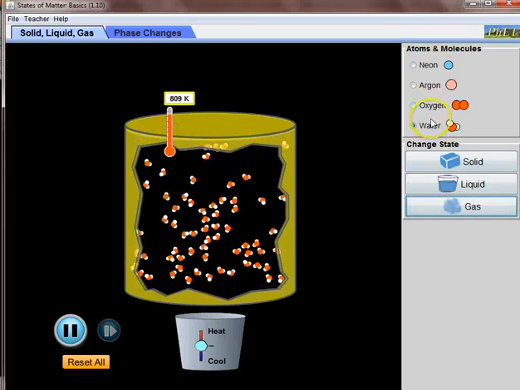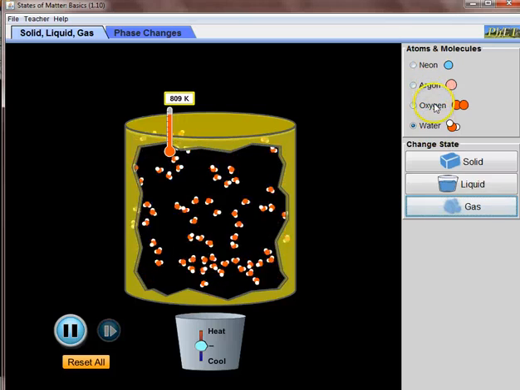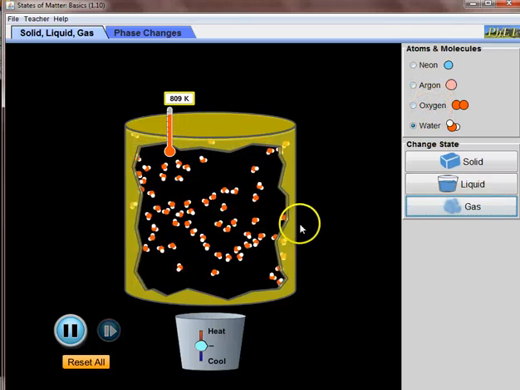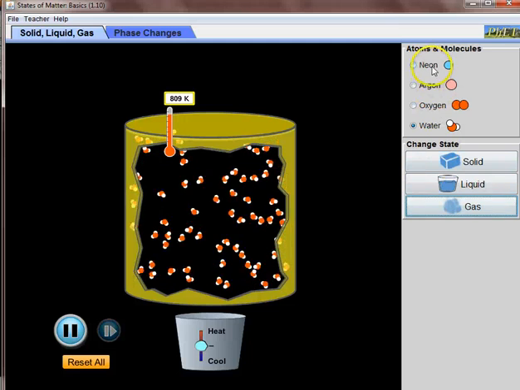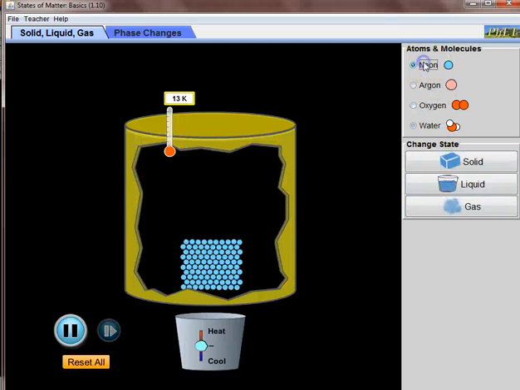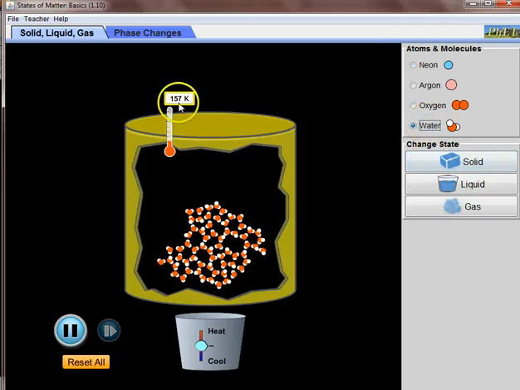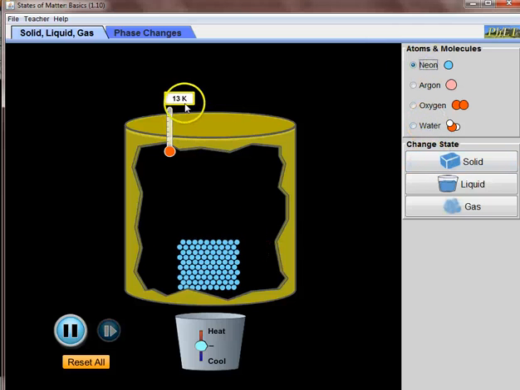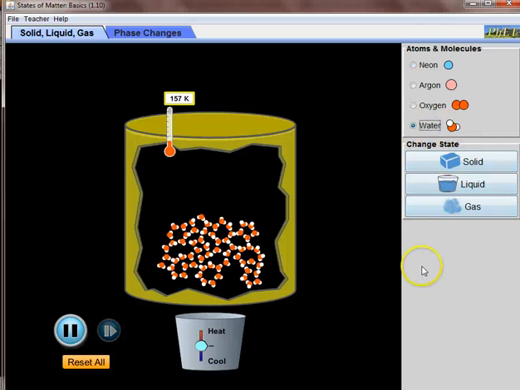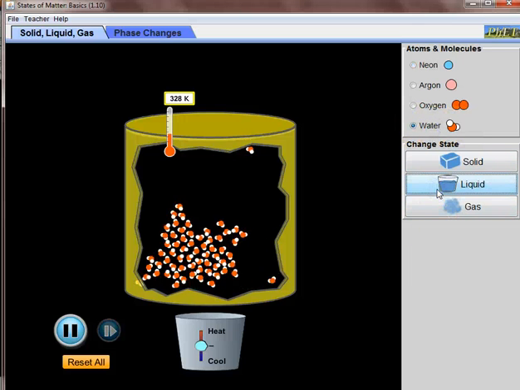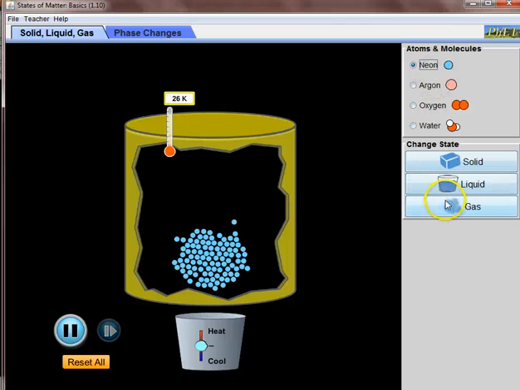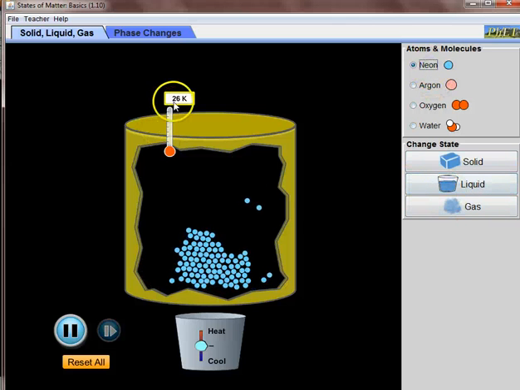You can experiment with different elements here, but you'll see the same result. Now, what we saw with the neon, let's take the solid state of neon, and then the solid state of water. You see the temperature is different for both. Now let's take liquid water and liquid neon. The temperature is different.